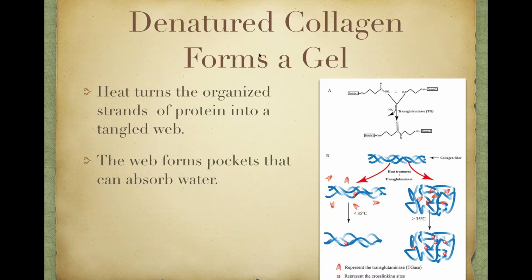So, like other proteins, collagen will denature to form a gel. You denature it by heating it, and it breaks up the strands, and then they reform into a web that can absorb water.